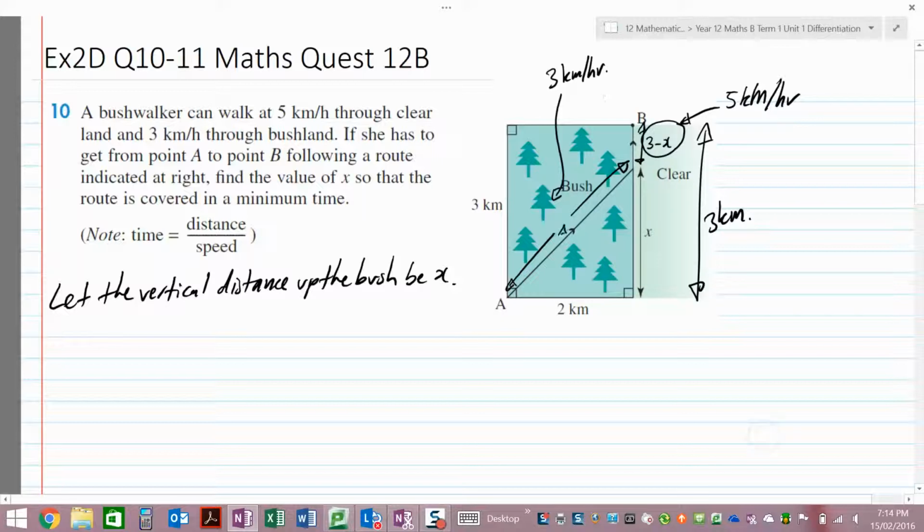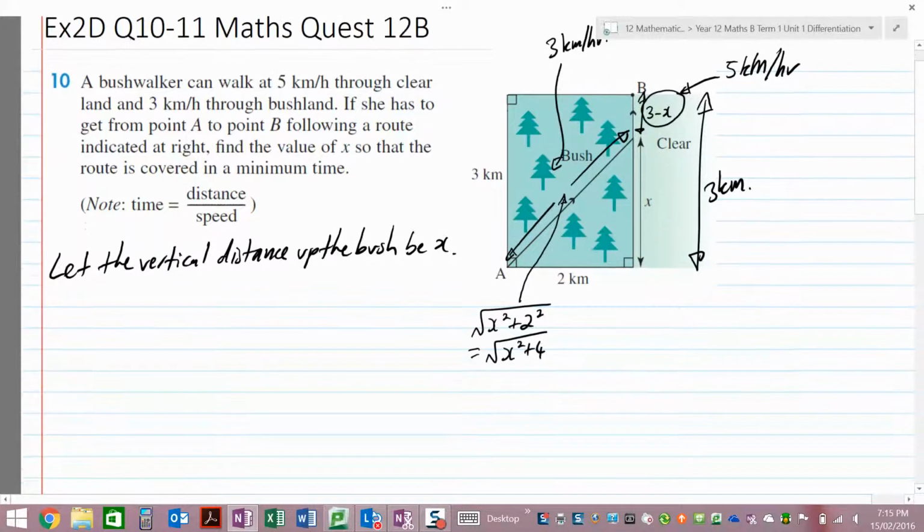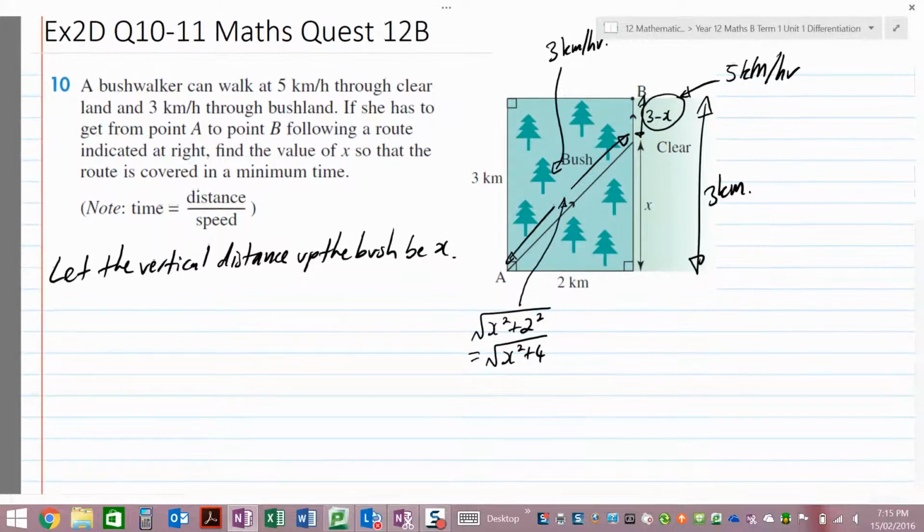Okay, this distance here will be square root of x squared plus 2 squared, or the square root of x squared plus 4. Okay, just using Pythagoras theorem. You can do that formally if you need to. Okay, a squared plus b squared equals c squared. Okay, pretty horrible CJ. You should do better than this.